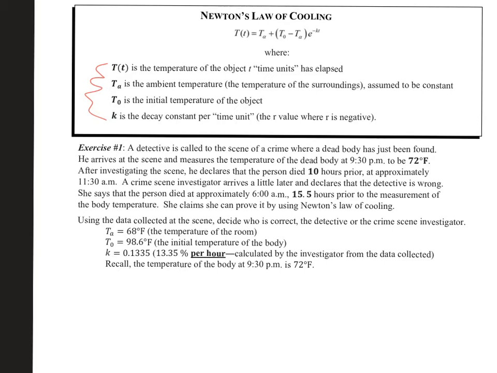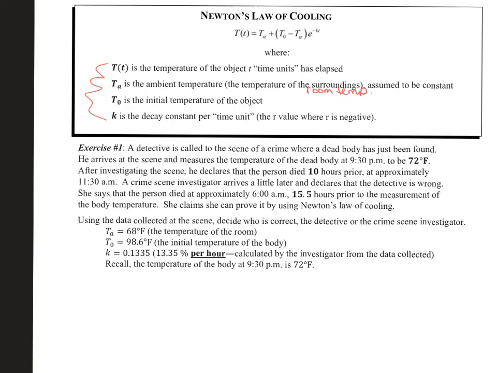It's the ambient temperature, the temperature of the surroundings, the room temperature. If you're looking at the room temperature, we're going to assume that nobody has touched the heat or the air conditioner, that the temperatures would have been the same the entire time.